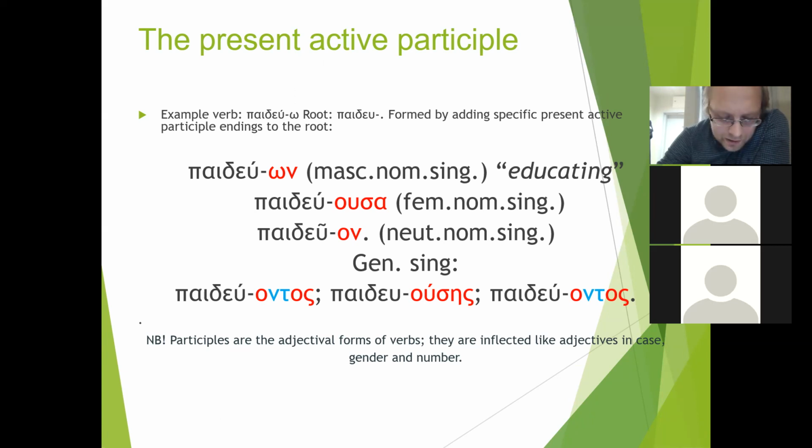And in fact, these endings also have a stem ending in ny tau in the masculine and the neuter, while the feminine endings are inflected according to the first declension. In the nominative masculine singular, the present active participle is paideuon, and in the nominative feminine singular, paideuusa, and in the nominative neuter singular, paideuon.